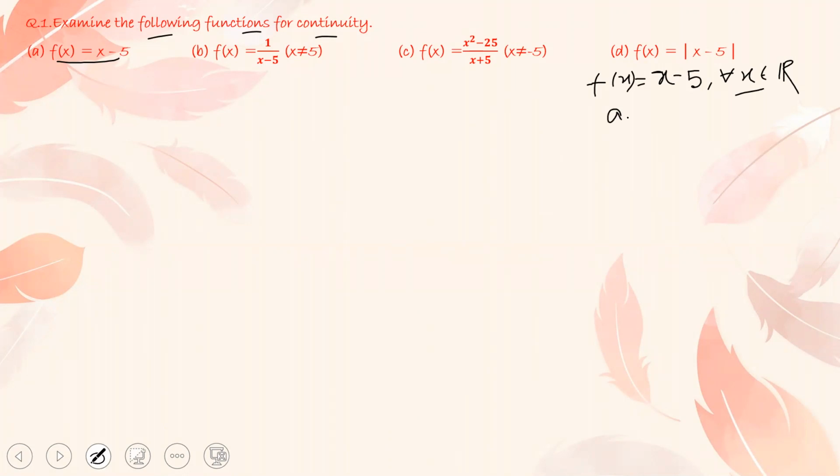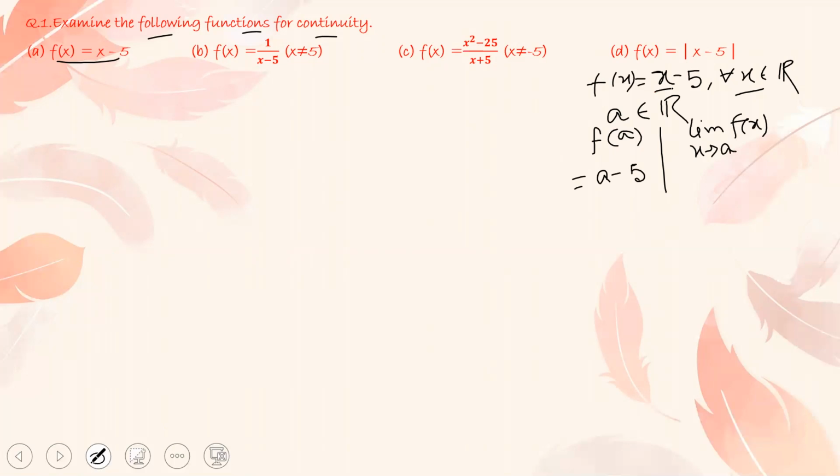So here I am taking any arbitrary element a belongs to the set of real numbers R. Now for checking continuity, what I have to show is that the functional value at a and the limiting value of the function as x tends to a, these two values are equal. Now let's check the functional value. Functional value is a minus 5. Now what is the limiting value?